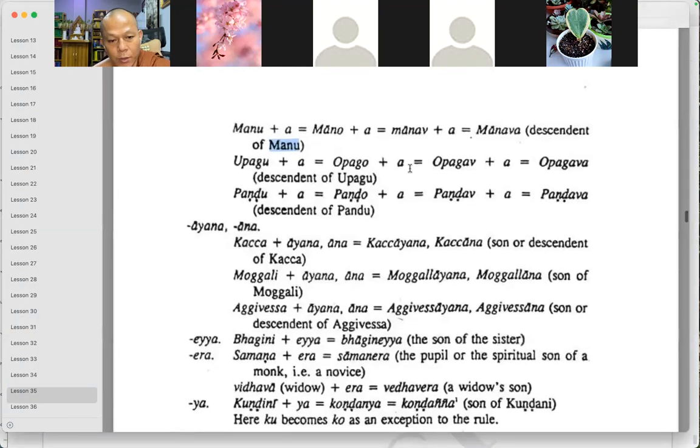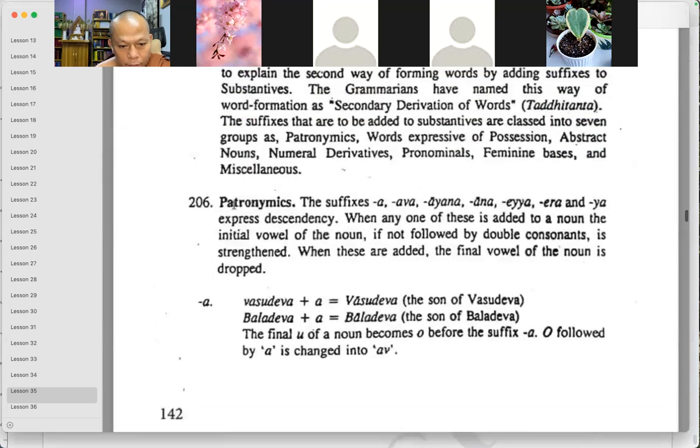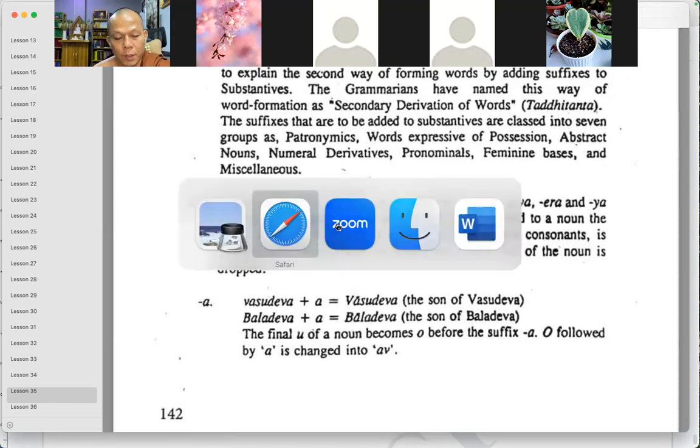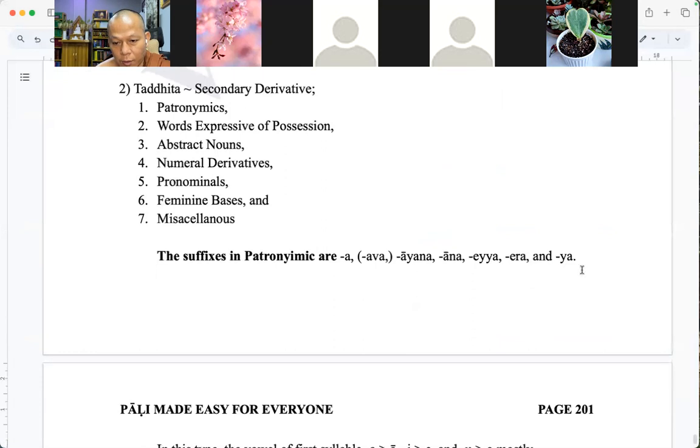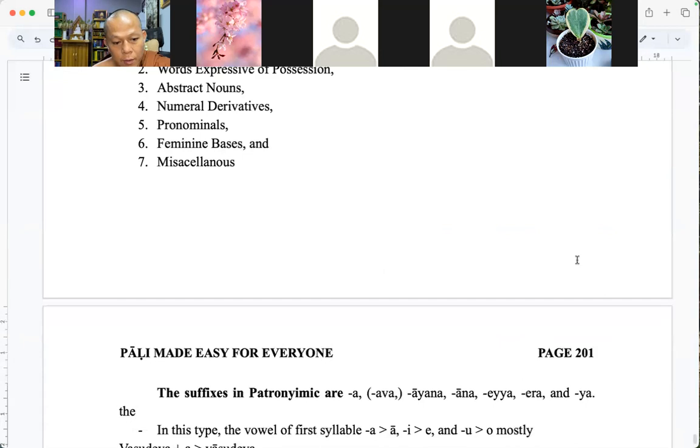So in this way, these suffixes express descendancy.